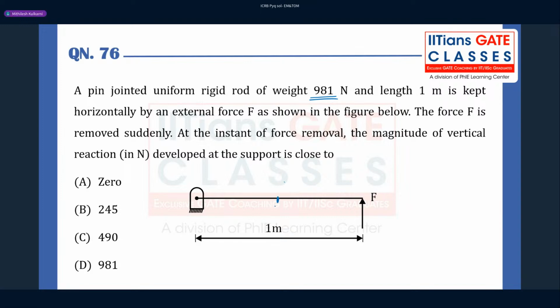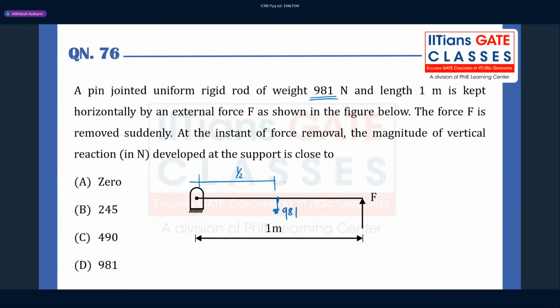Imagine we have a force that is 981, which is acting at a distance 1/2, and because of this we are moving the body in a clockwise direction.